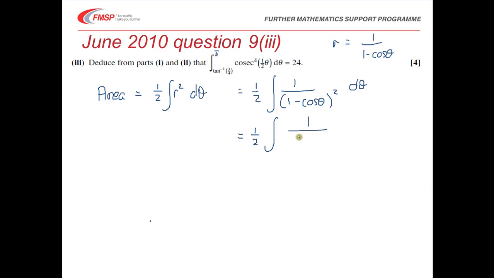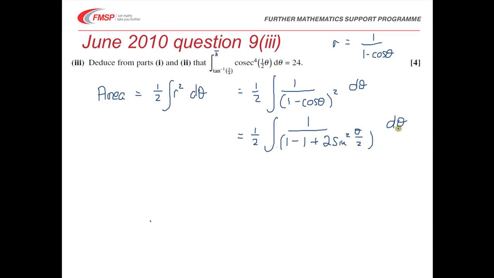So using the double angle formula, cos theta will be 1 minus 2 sine squared theta over 2, but on the basis that we're going to be subtracting that, we're going to end up with 1 minus 1 plus 2 sine squared theta over 2. So you just need to see at that stage that we do need to use the double angle formula.